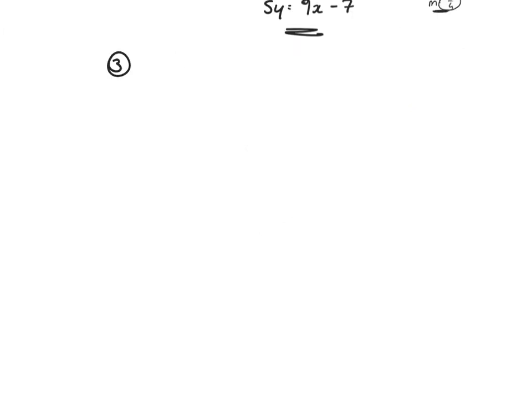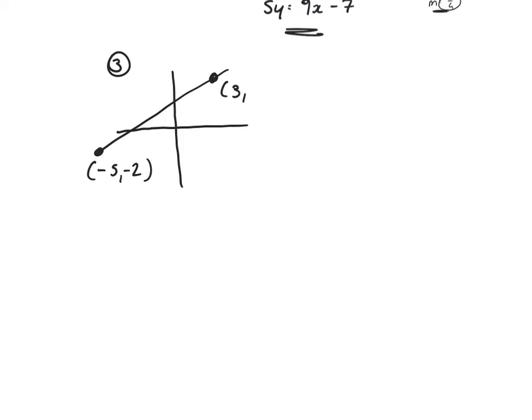Okay, and an example 3. This time I've got a point (-5, -2) and a point (3, 3).